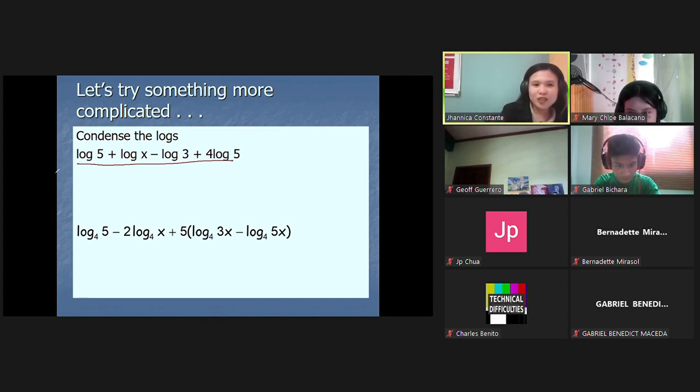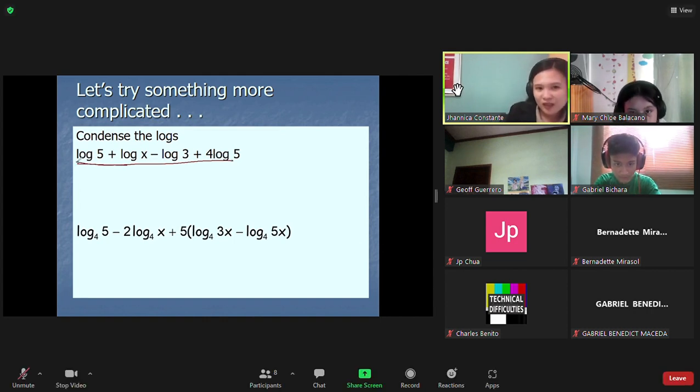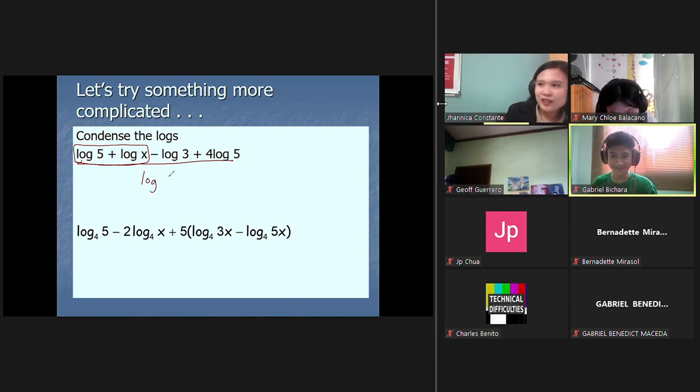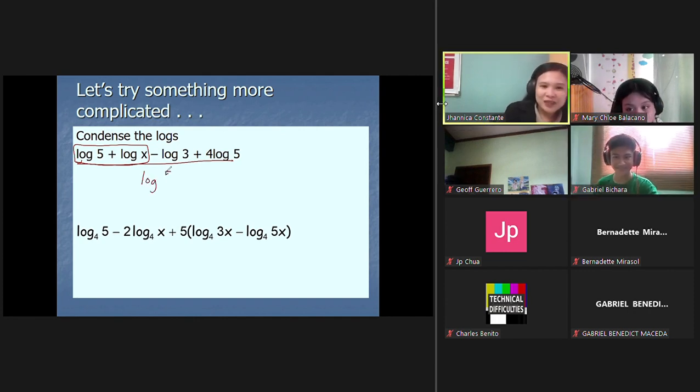So let's start with these two properties. Let's shorten this one, logarithmic 5 plus logarithmic x. So this one, use the product rule. So we will be having logarithmic 5x.